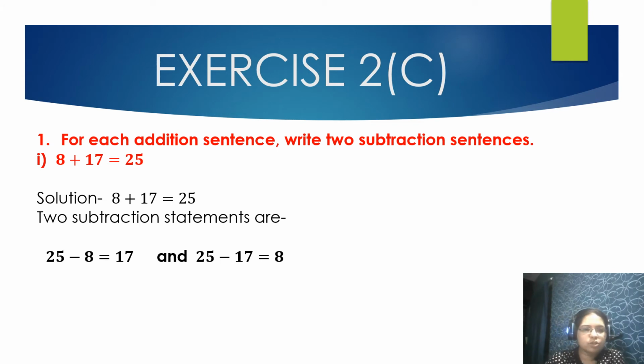Now we will solve question number 1. For each addition sentence, write 2 subtraction sentences. First is 8 plus 17 equal to 25.